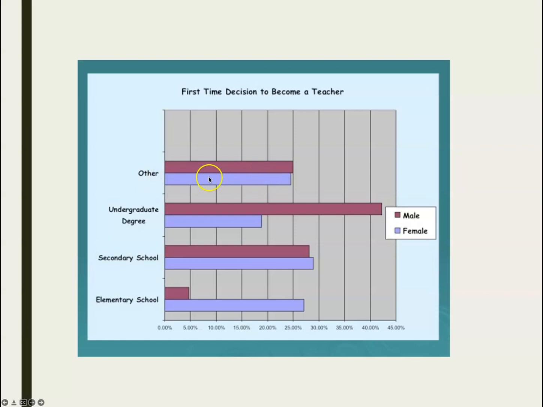But for many it was because they went into a job and either the job ended, the opportunities weren't there, they didn't like it, or some had prepared to be a teacher but had gone into other jobs to make money quickly so that they could pay off their school debts, and then went into teaching. So there are various ways. So our hypothesis was partly confirmed, but it needed more information.